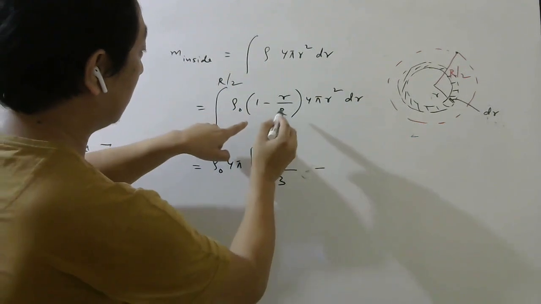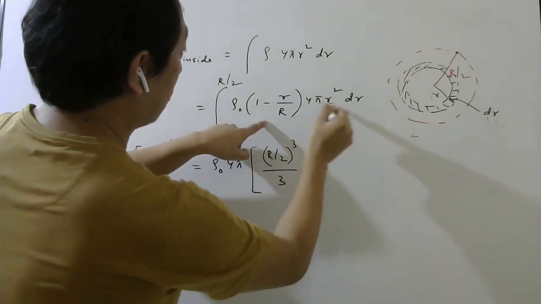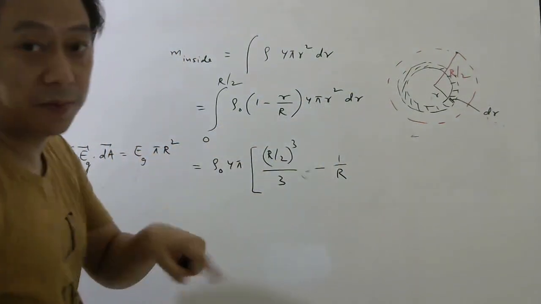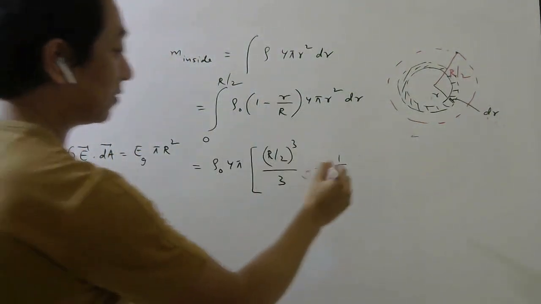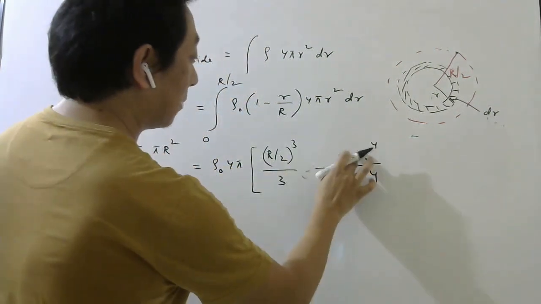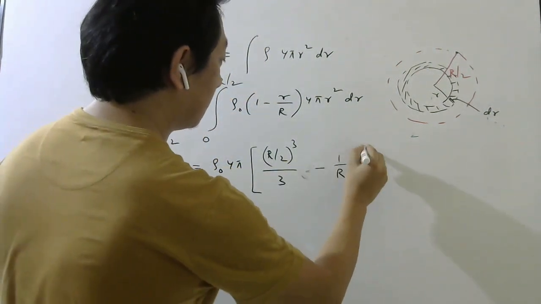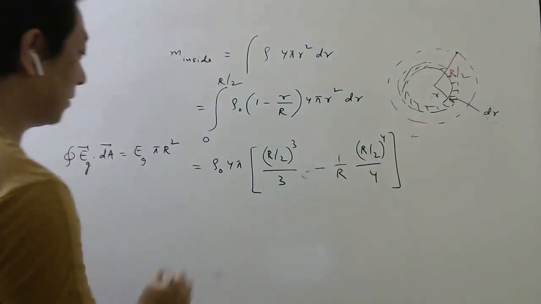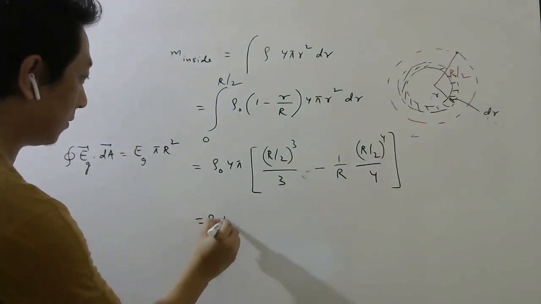For the next term you have to integrate r square dr. So 1 by R is constant, r into r square will be r cube. Integration of r cube will give you r power 4 by 4. Put the upper limit, it is (r by 2) power 4 by 4. So that will give you rho naught 4 pi.